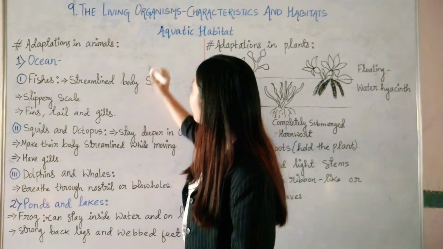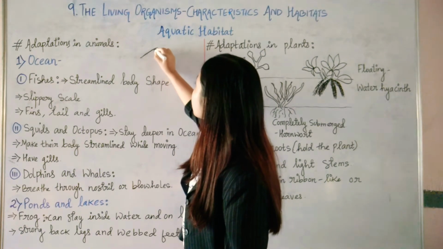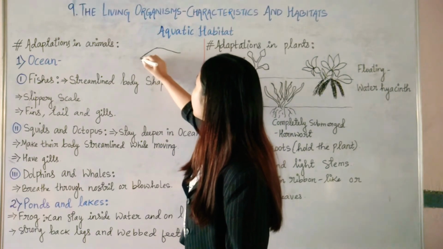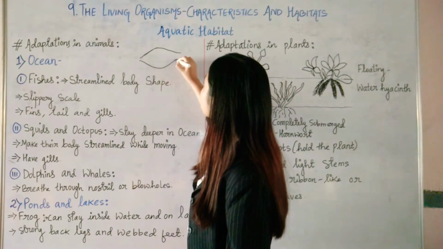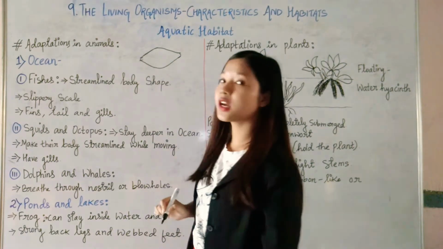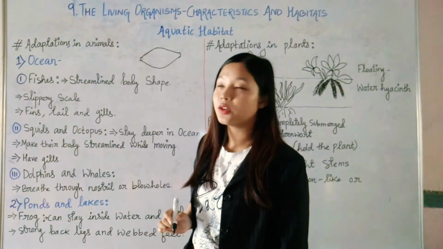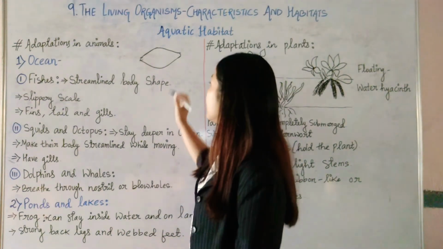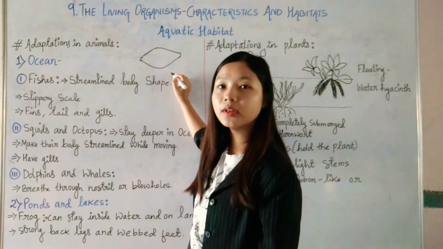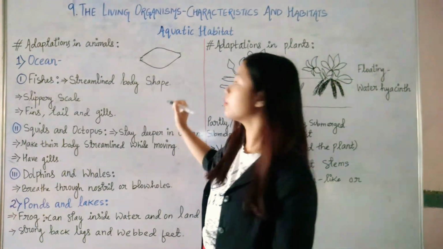A streamlined body is the shape where the tips are narrow and the mid part is wider. This type of structure is called streamlined body. So you must remember what is the shape of a fish.